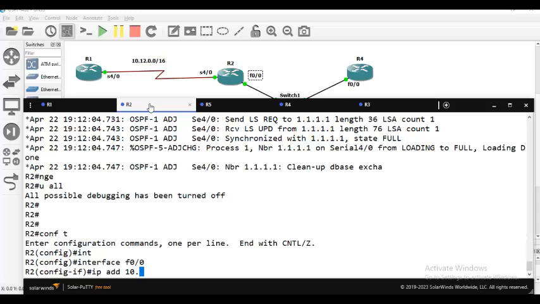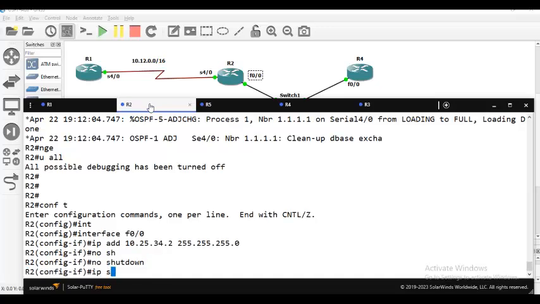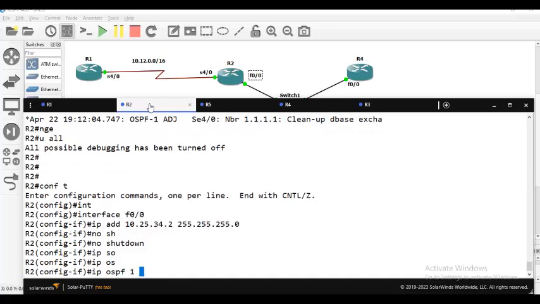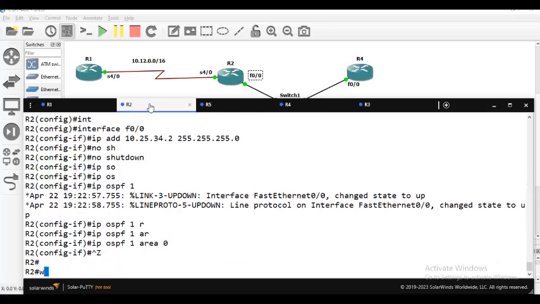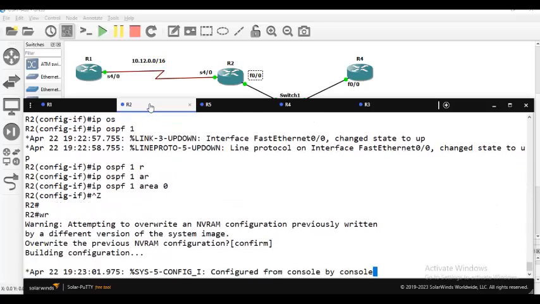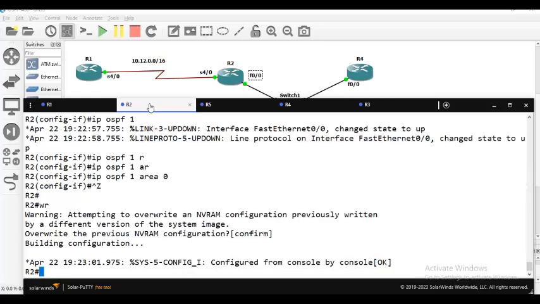Okay. Now I'm expecting 3 OSPF neighbors: router 4, router 5, router 3. Something is wrong with router 3.